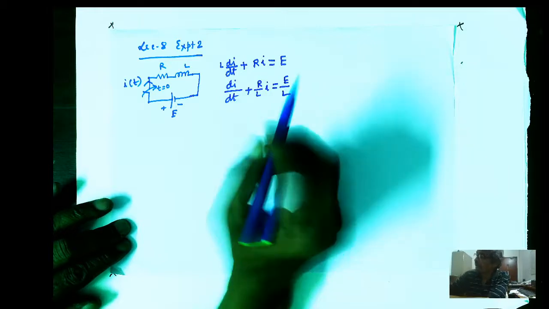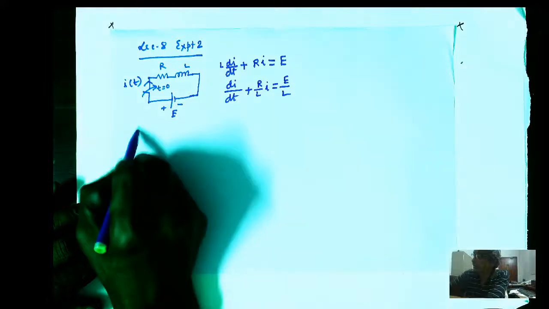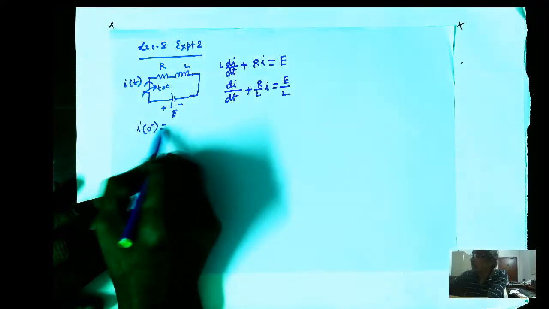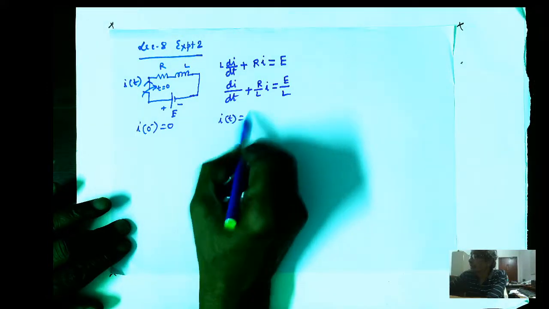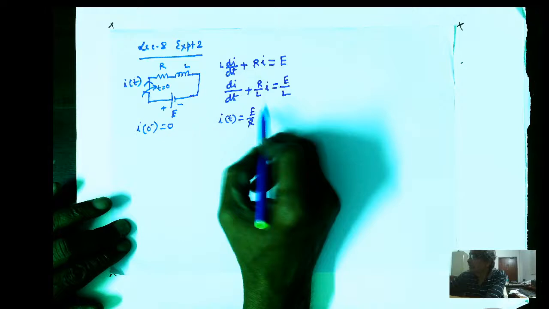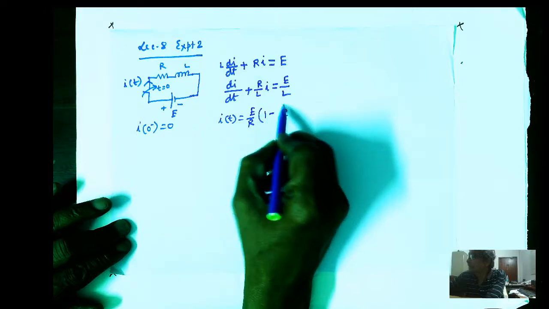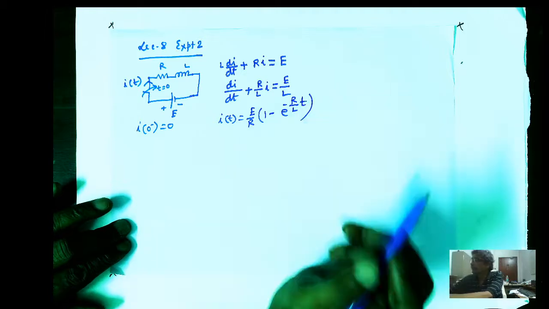And the response of the current with this condition being given to me, we got i(t) equal to E by R into 1 minus e to the power minus R over L into t. Is not this what we got?